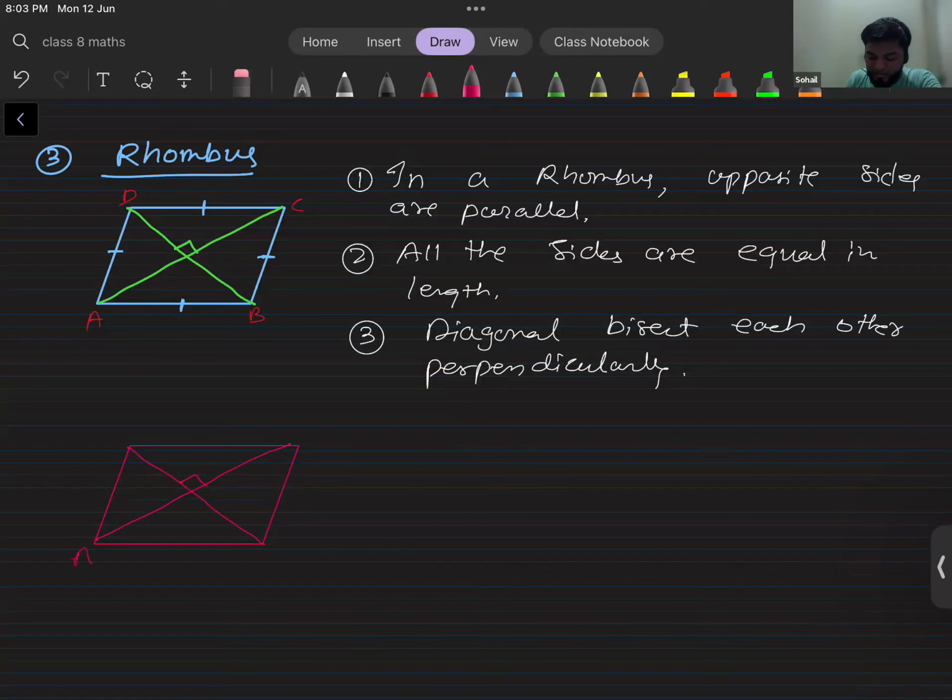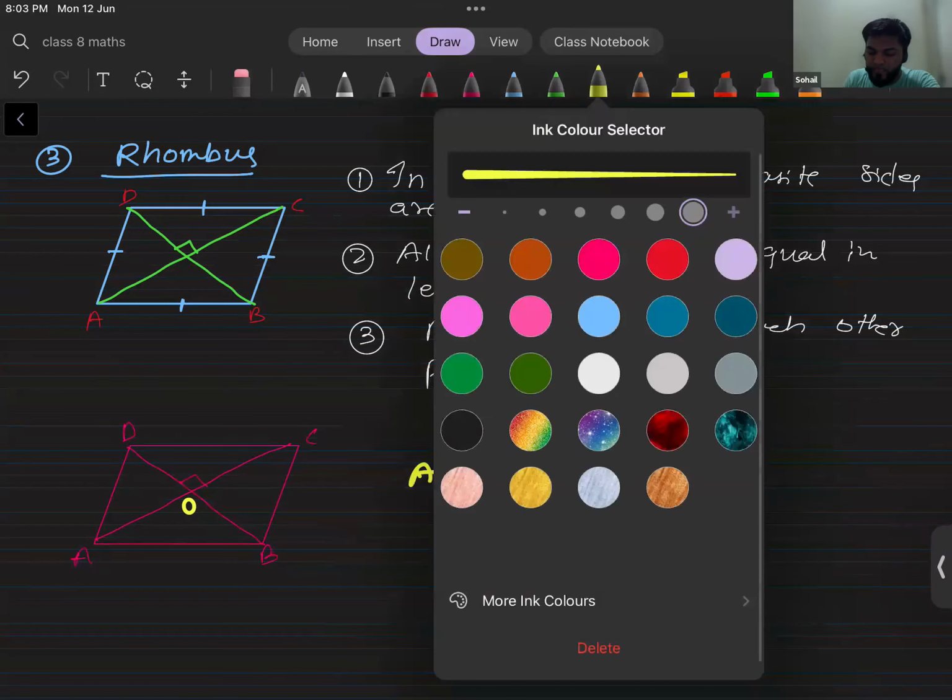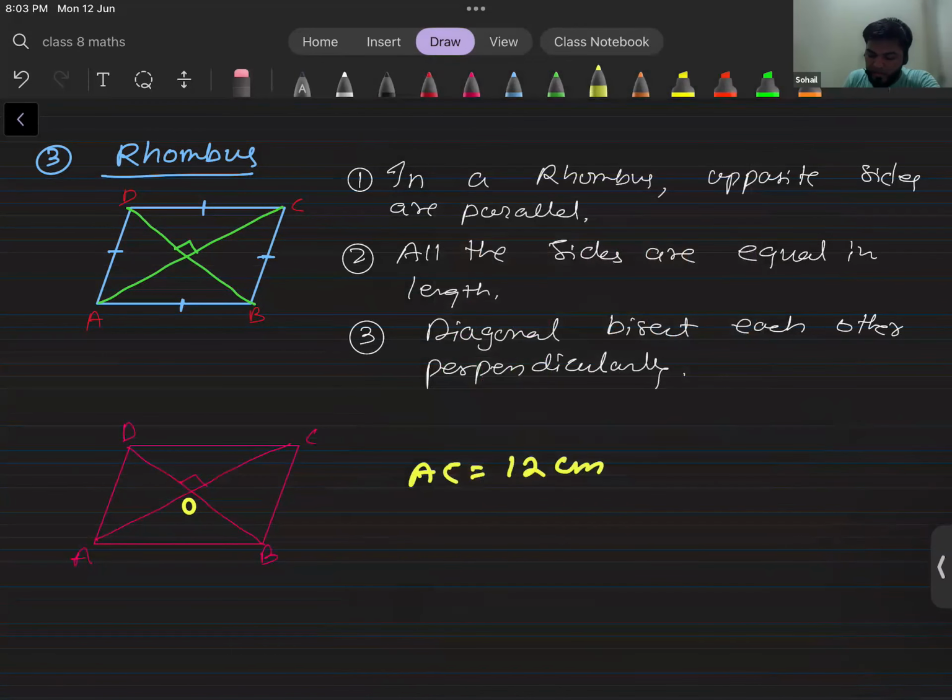Let's say this is figure A, B, C, and D. Let's say AC is 12 centimeters, and BD is equal to 8 centimeters. And the question says you are required to find DC.